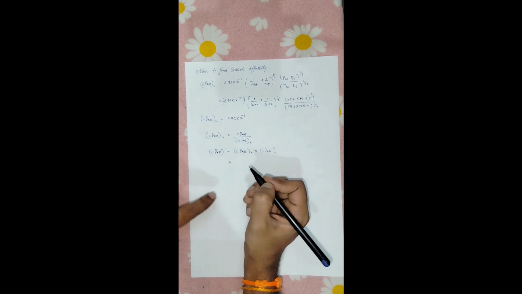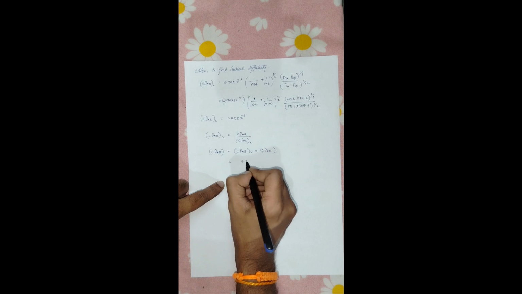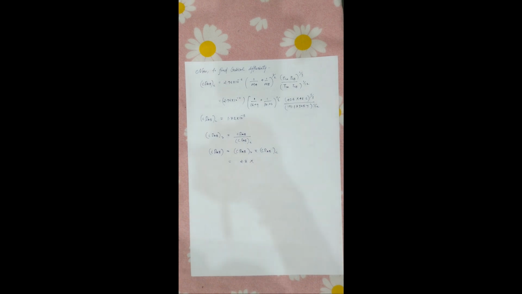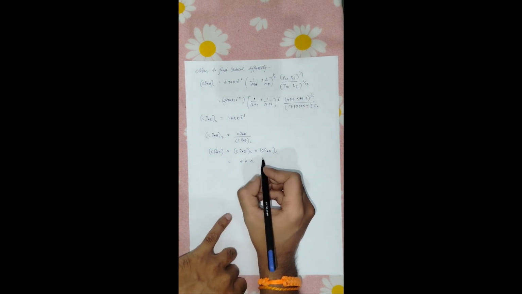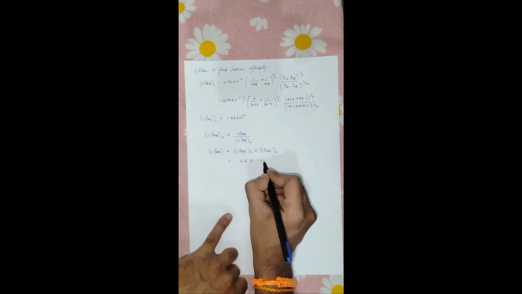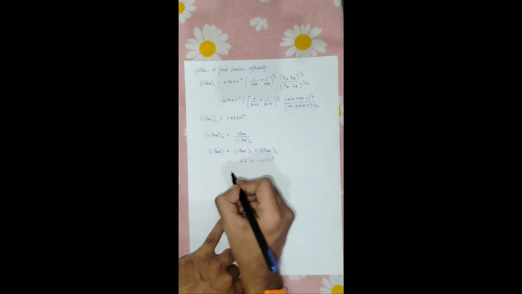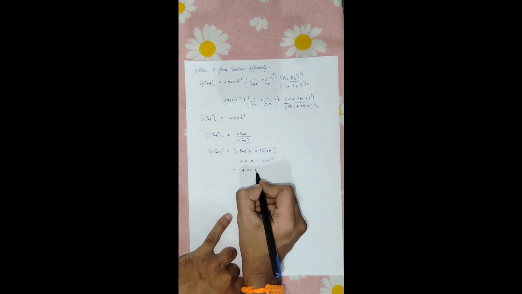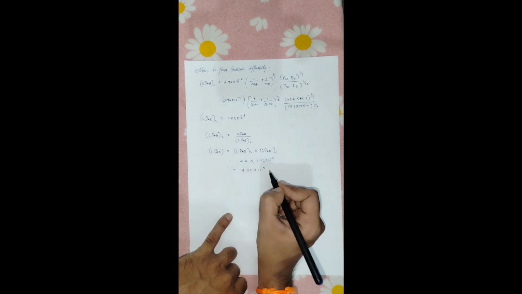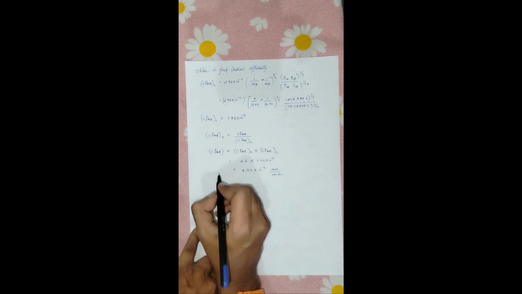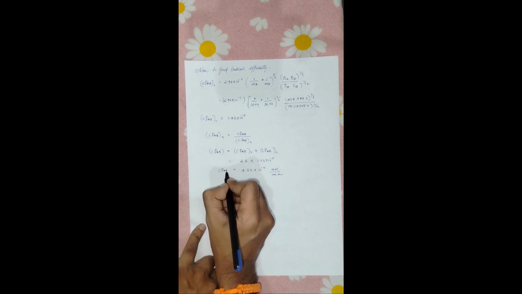This is 2.8 from the graph, and this critical value we have got here is 1.72 into 10 to the power minus 5. After multiplying, we'll get this value as 4.82 into 10 to the power minus 5. And what are the units? Mole per centimeter second.